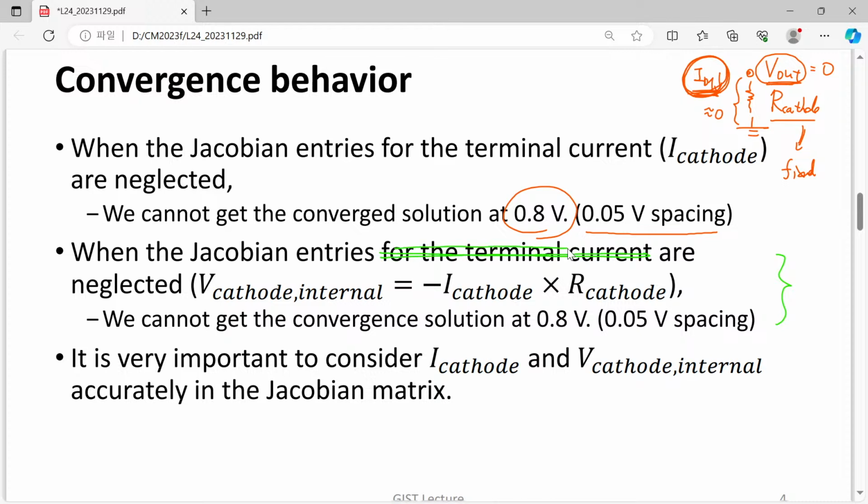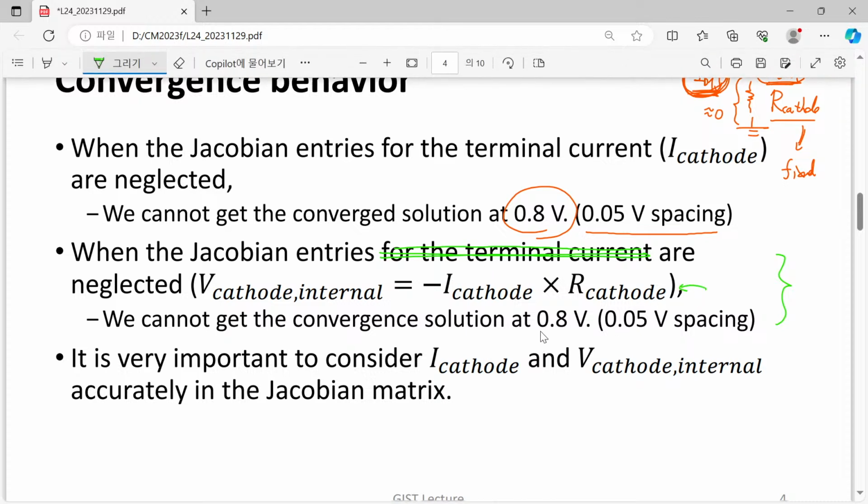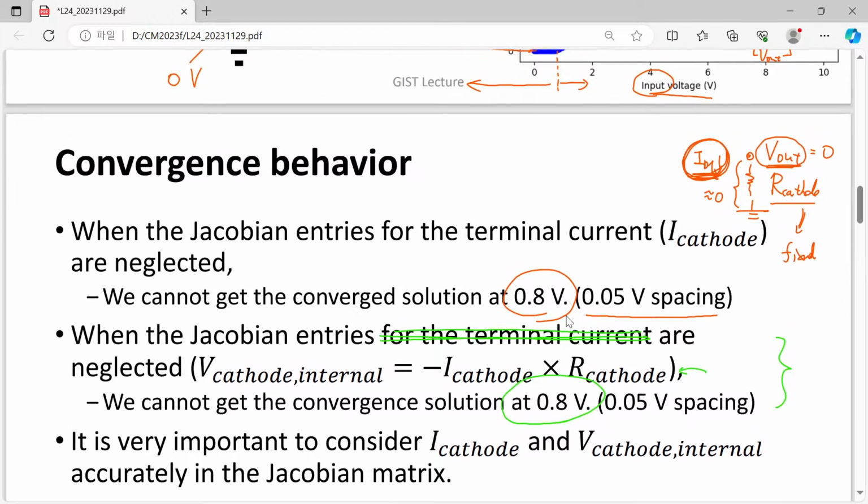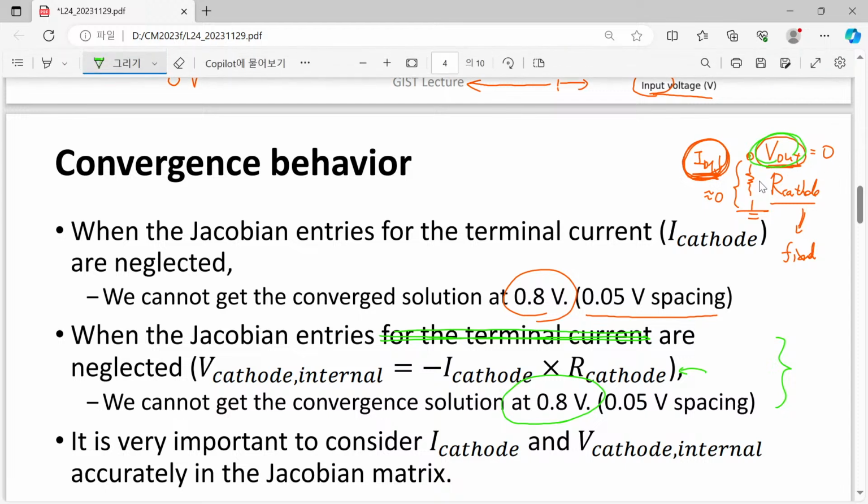Sorry about that. So when I neglected this one, we still have a problem at 0.8 volt. Why is it important? Once again, this is related to the bias condition, where we have a non-negligible current value that affects our output voltage.